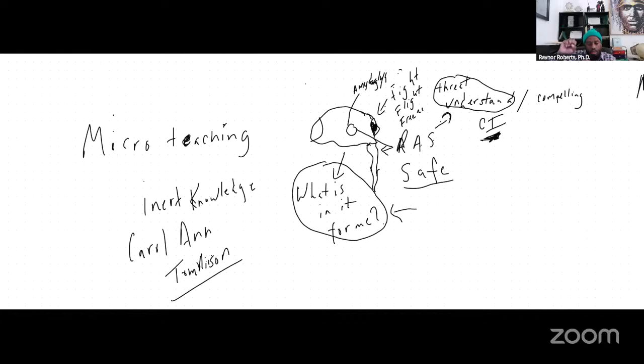Now, don't get me wrong. It's good because we know life is murky. We know life is chaotic. We know life is subjective. The problem comes in when we teach the subjective as if it's objective. That's the problem.